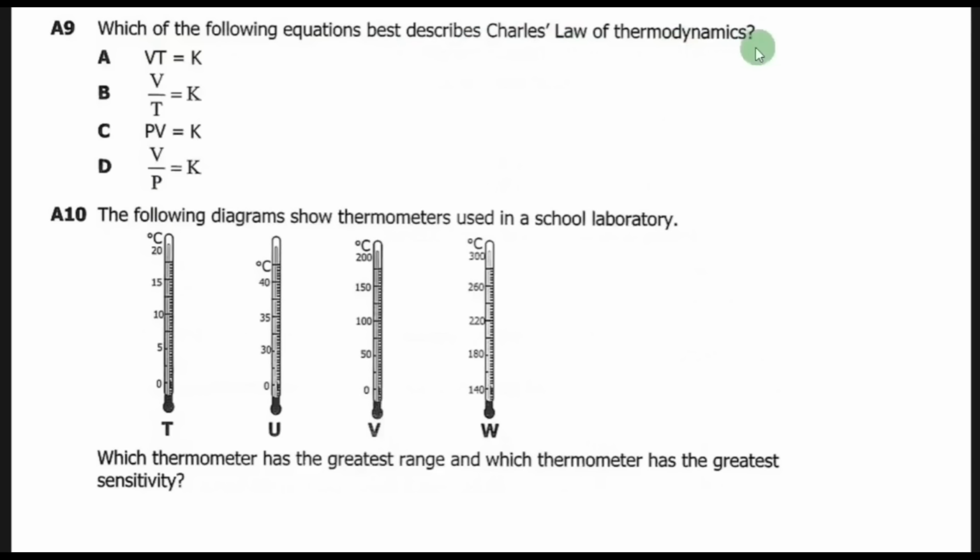Anyway, they want us to see which equation here best describes Charles's law. These gas laws and their equations are quite complicated to remember. So what I use are these initials B, C, G, and what helps me remember them is what I have given these initials to represent.